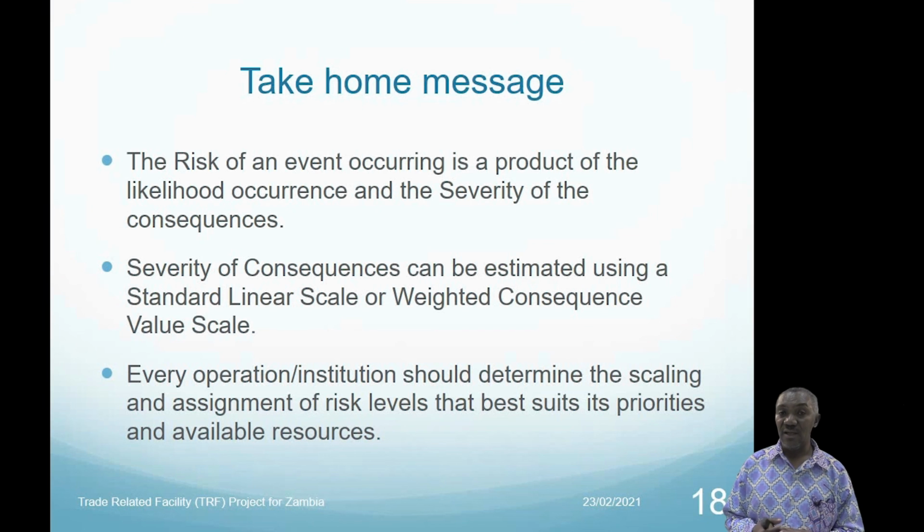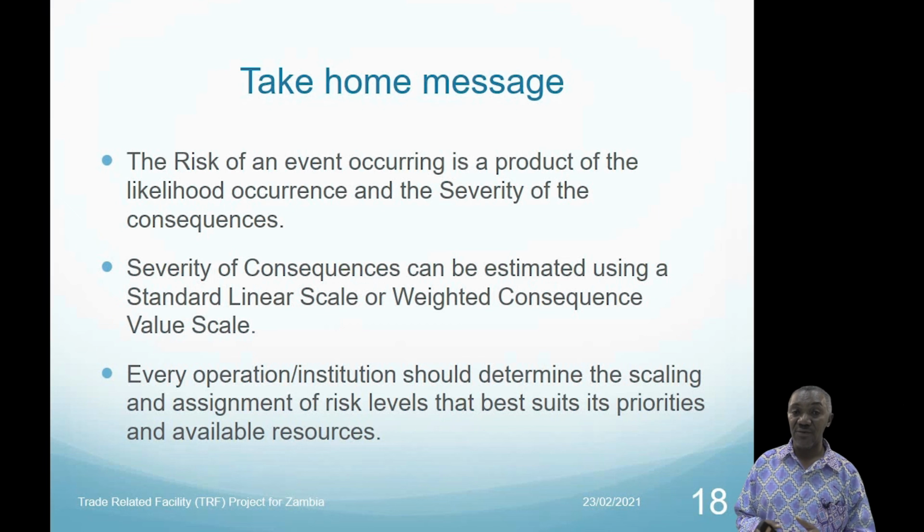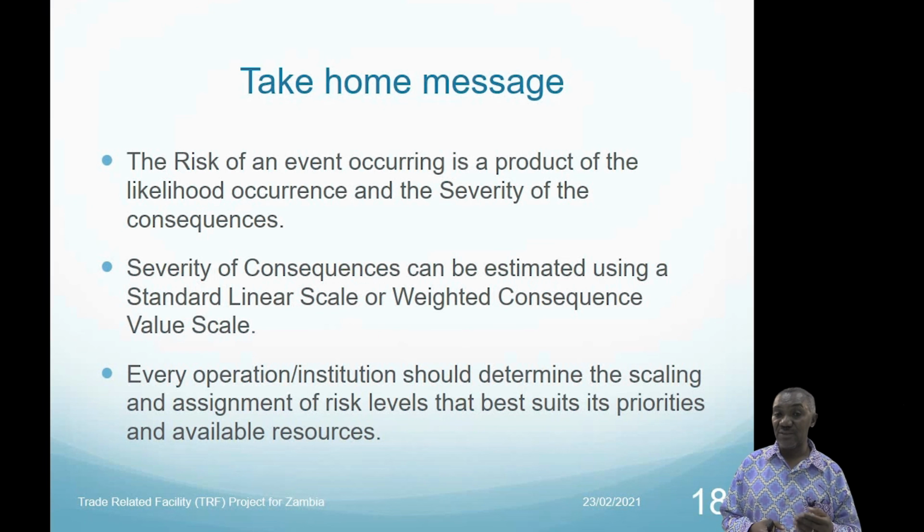In any case, you can use the Likert scales, where you classify your hazards and likelihood of occurrence. We rate it on a linear scale, 1, 2, 3, 4, with no likelihood of occurrence, rare, moderate, or high. And also the consequences: you start with no impact, rare impact, moderate impact, and very high impact.